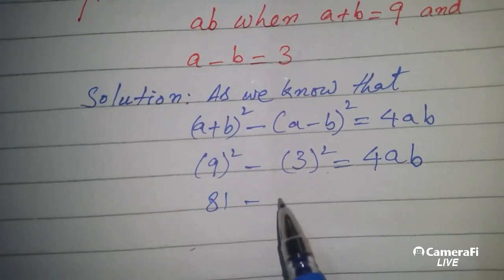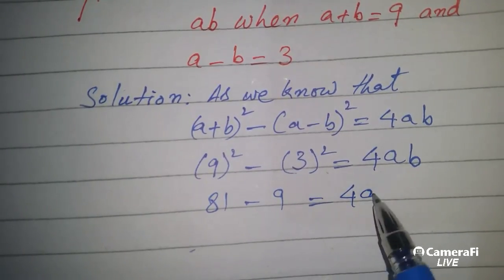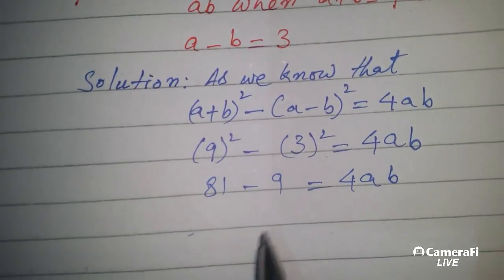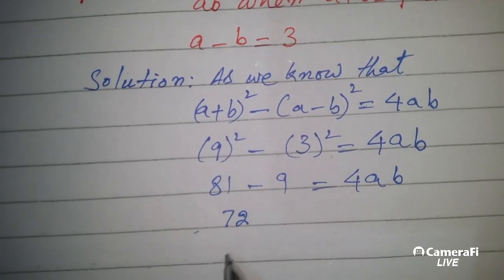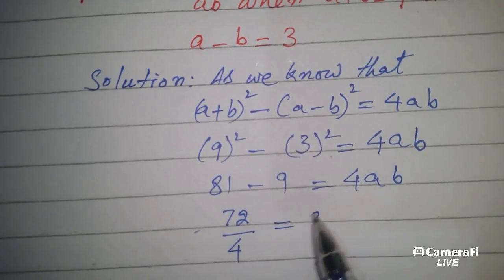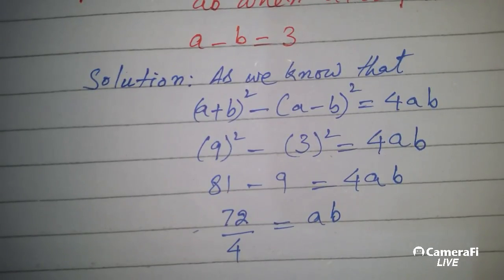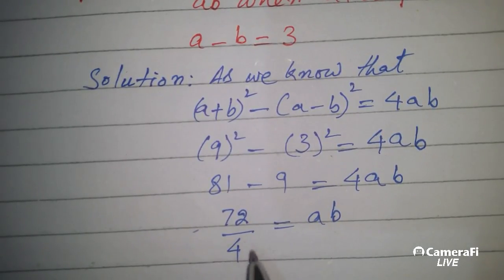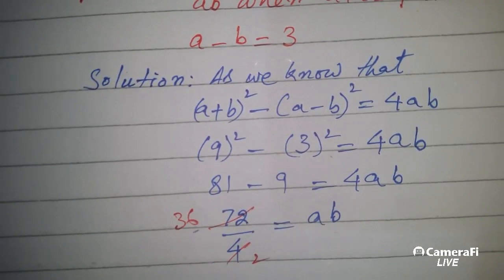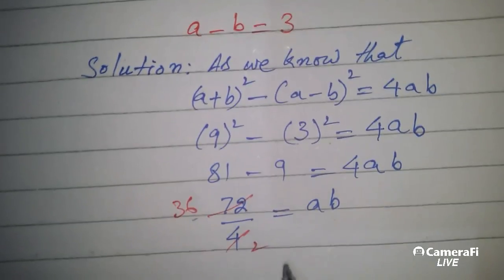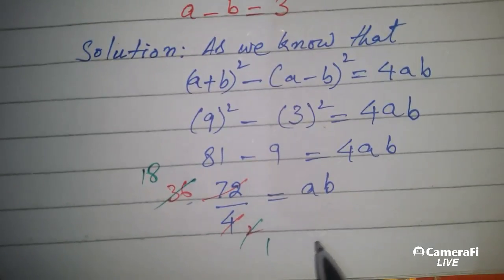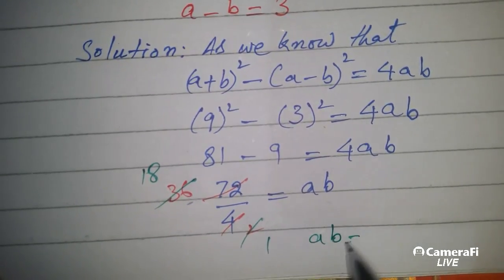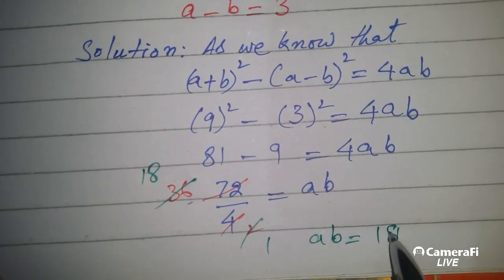Nine square is 81, 3 square is 9. 81 minus 9 is 72, and take this 4 towards the other side as well and do the cancellations. So the final answer that we get is this.